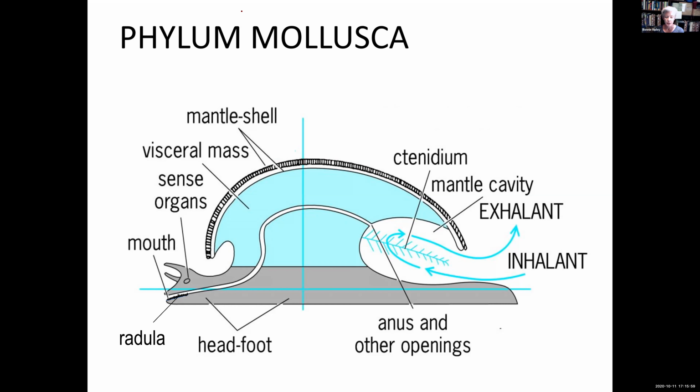The animal secretes the shell, so it's fastened onto the body like our fingernails are fastened onto our fingers. And if you look at the mollusk from the bottom, you see this large muscular foot, and it's capable of acting as a suction cup.